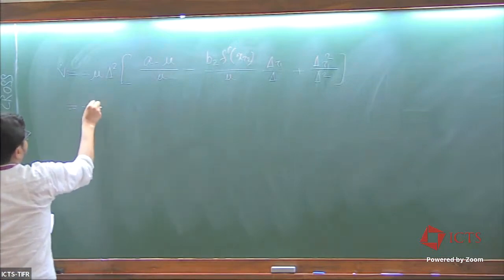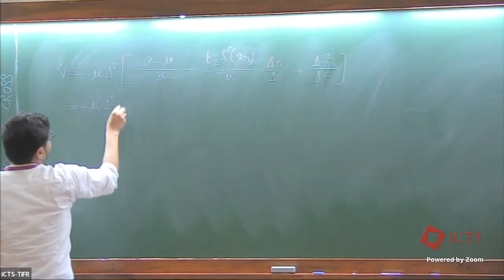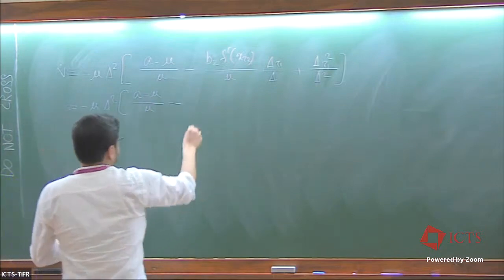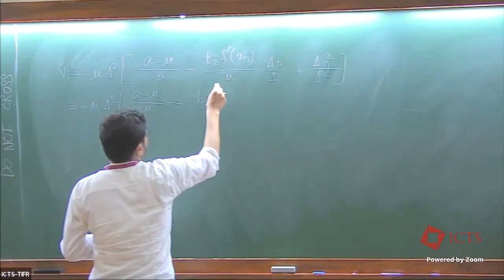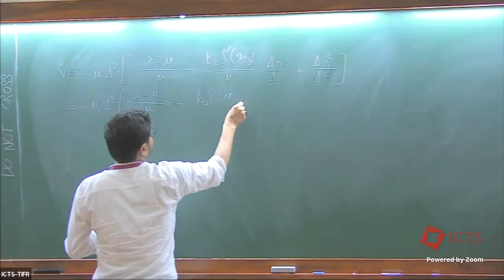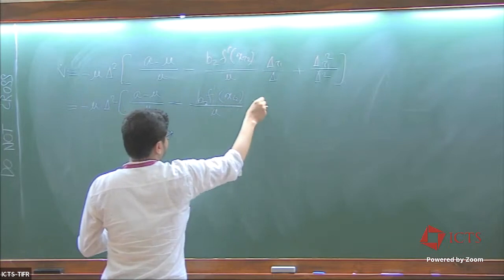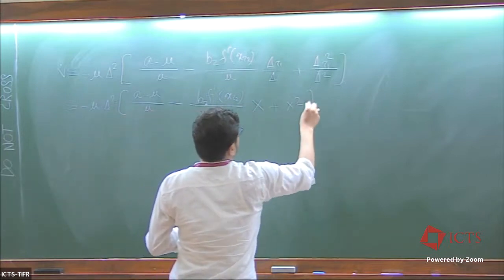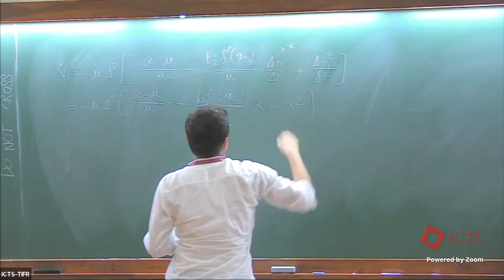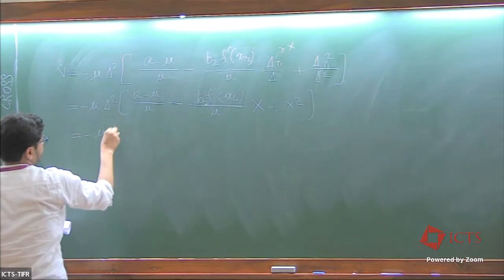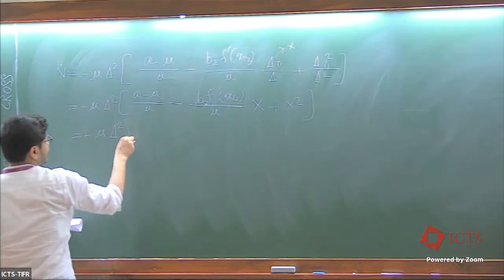Suppose this one is x plus x square, where we consider x is equal to delta tau 1 by delta.